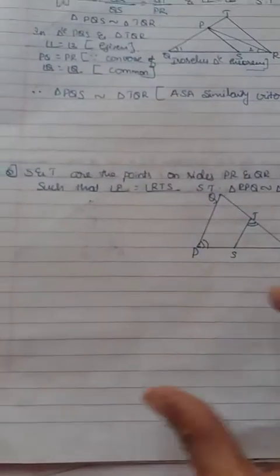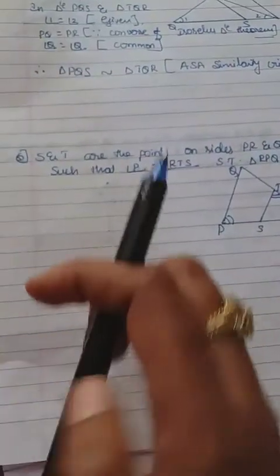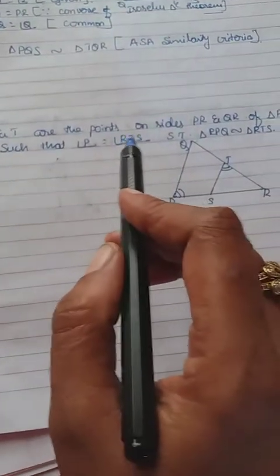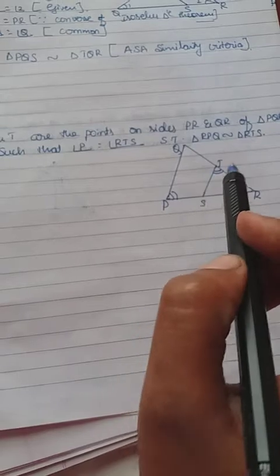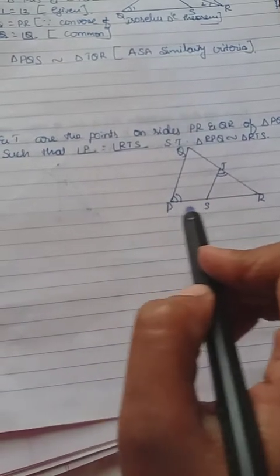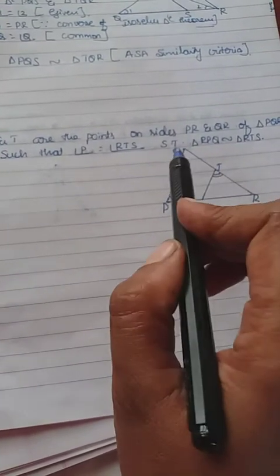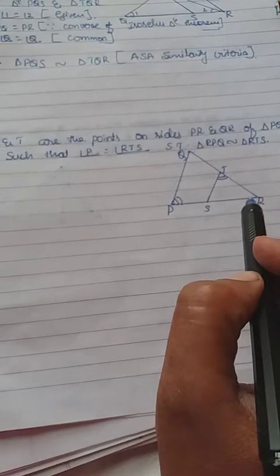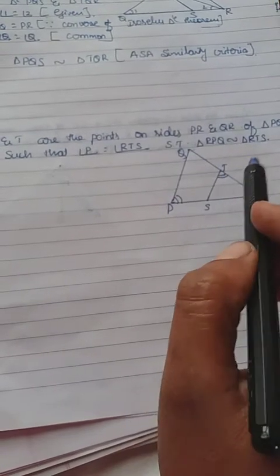So let us move on to the fifth sum. S and T are points on the sides. S is a point on PR and T is a point on the side QR. Clear?